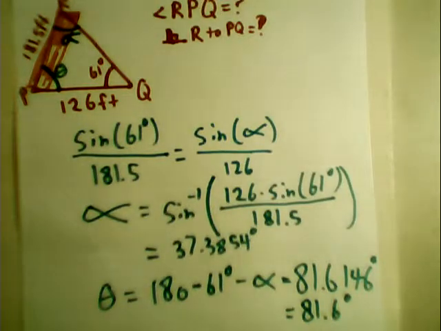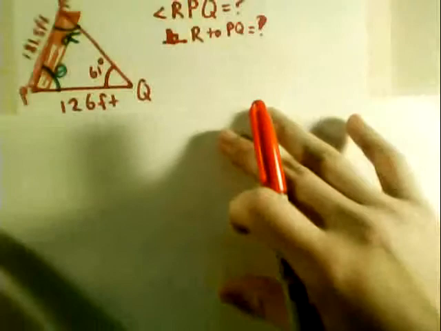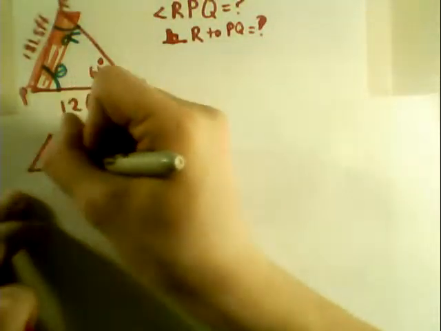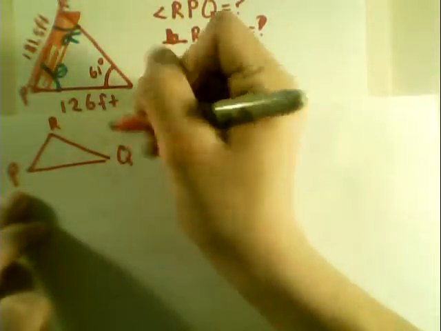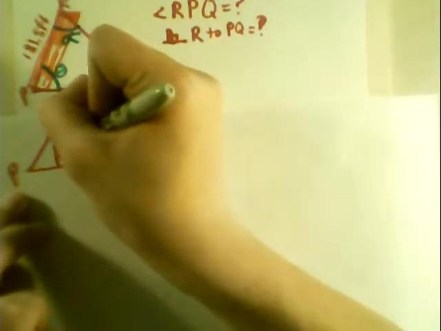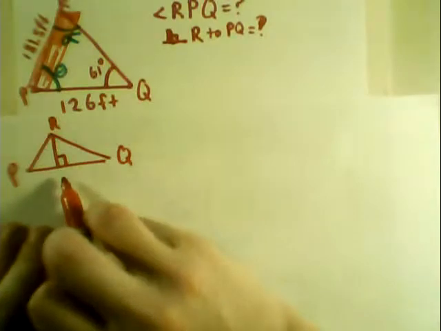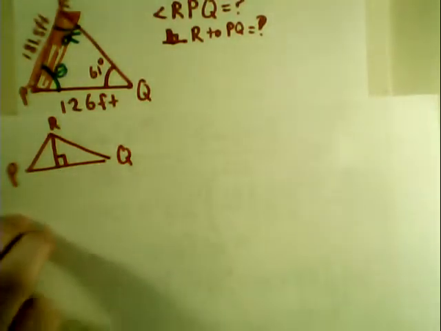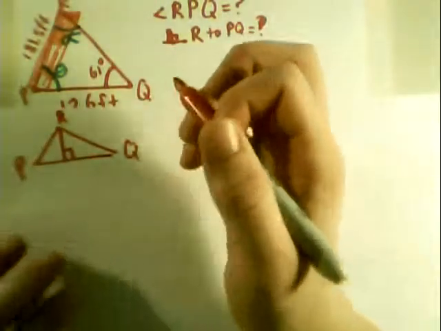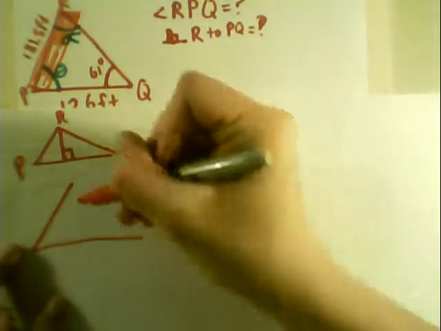Now it wants us to find the perpendicular bisector that bisects P and Q. So basically the line that when it drops from there, it makes a right angle. Okay, so let me draw another triangle because I drew that one bad.